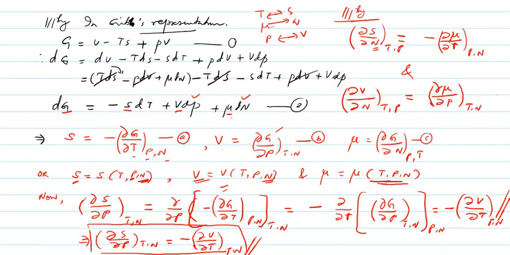So these three, I can name this one x, this one y, and this one z. These three form what is known as the three Maxwell relationships in the Gibbs representation. You can use all the different representations: the entropy representation, the energy representation, the Gibbs representation, or the enthalpy representation.